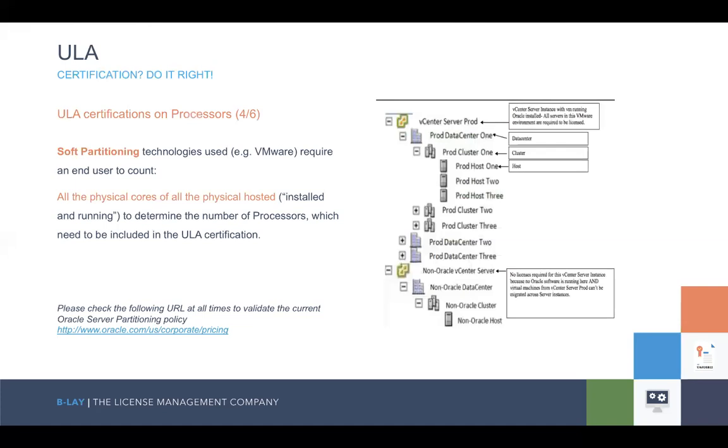That means that, also from a pumping up the numbers perspective in terms of certification, Oracle's licensing rules around VMware can be used to your benefit.